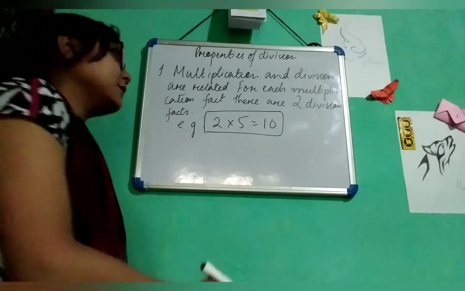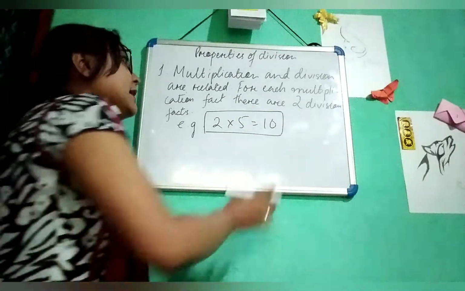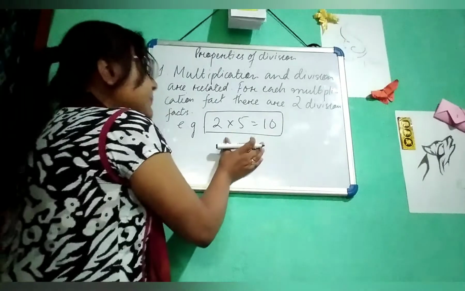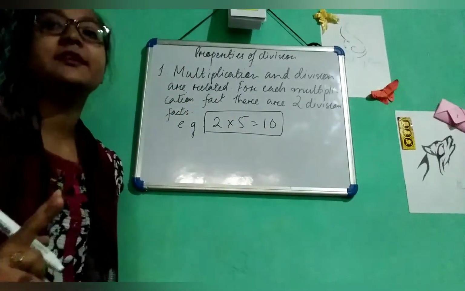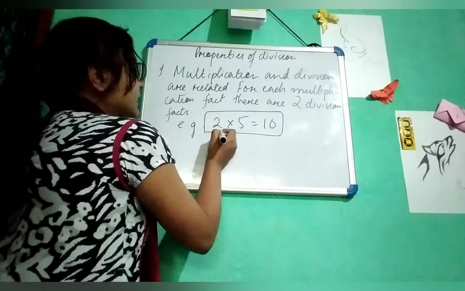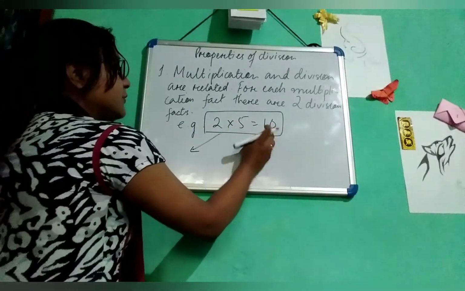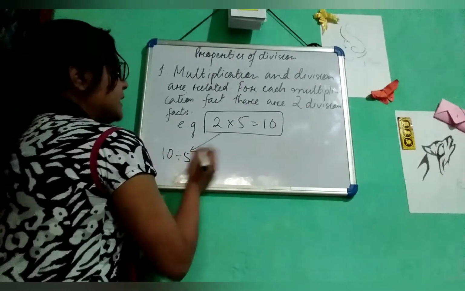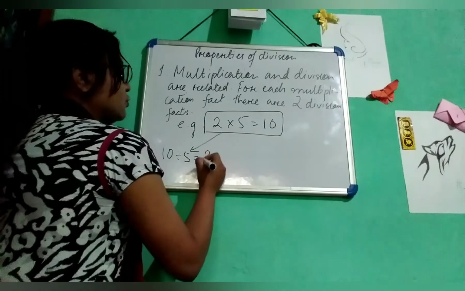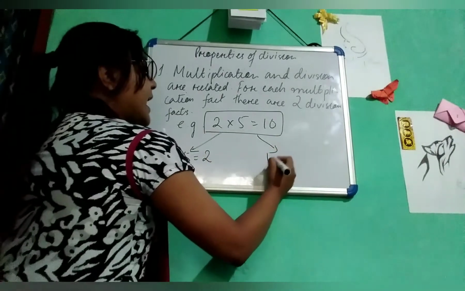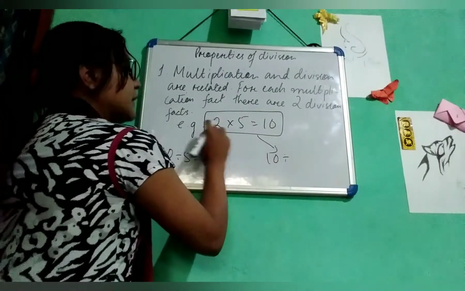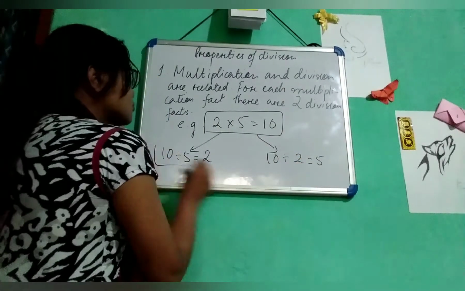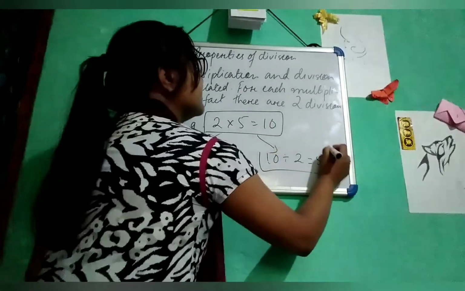Any numbers you multiply, whatever answer you get, is a multiplication fact. From this multiplication fact, you will have 2 division facts. Oppositely, we will do 10 divided by 5, and we get 2. And 10 divided by the other number, that is 2, we get this number. So these 2 are the division facts.